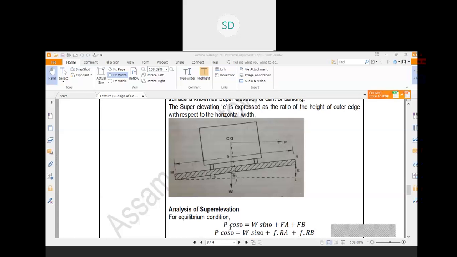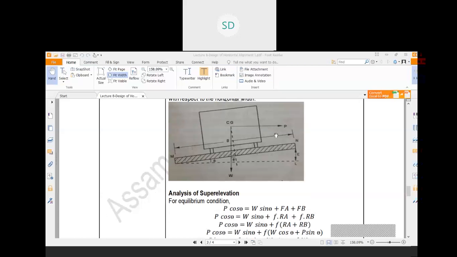Now let us discuss the analysis of the super elevation. Here it is P. This P force would have two components: one horizontal component and another vertical component. Suppose this angle is theta, and here it would also be theta.